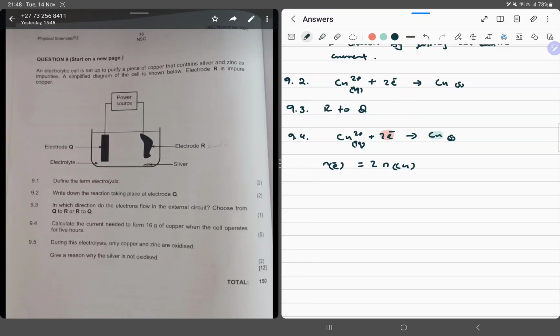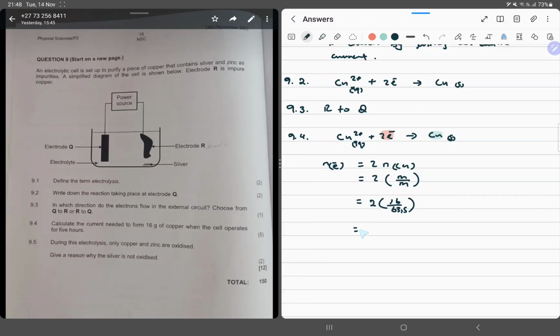All right, great. Now, this is going to be 2 times the number of moles, which is mass over molar mass. So this is going to be 2 times, now this was 16 grams, and the molar mass is 63.5.